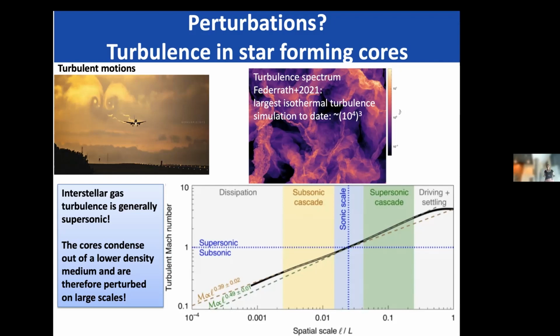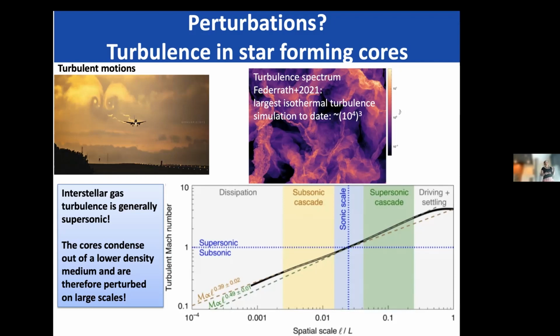And non-thermal motions very quickly in such low viscosity gas lead to turbulence, because you generate shocks and you get turbulent motions everywhere. So the question is, how do the cores condense out of the lower density medium? How are they perturbed by the turbulent motions, which are on the larger scales in the molecular cloud? Do cores also show supersonic motions or not?